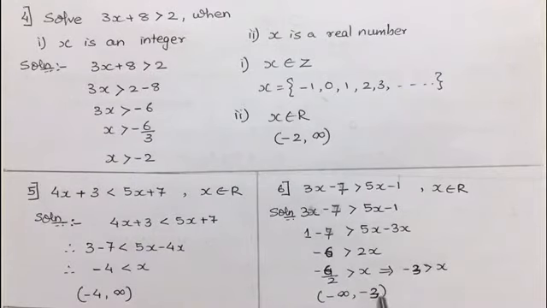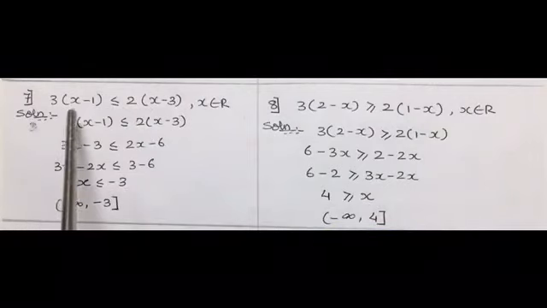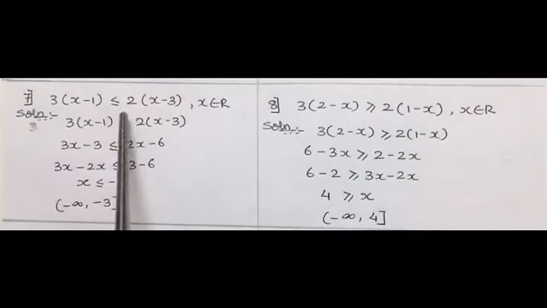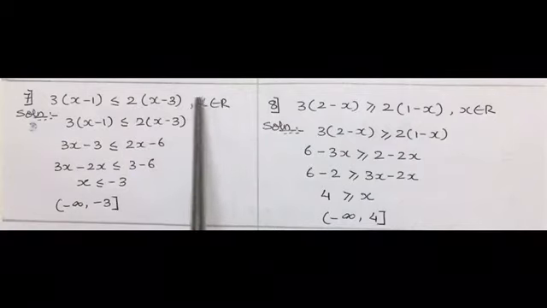Open interval towards minus 3 means the equality sign is not there, so minus 3 is not included. So this is how the interval is expressed when x belongs to R. Seventh one is 3 into x minus 1 less than or equal to 2 into x minus 3, x belongs to R.